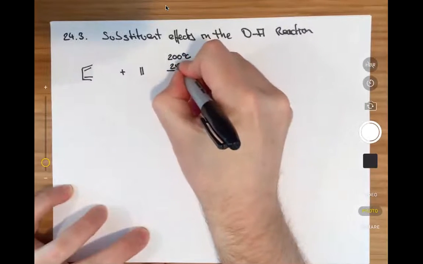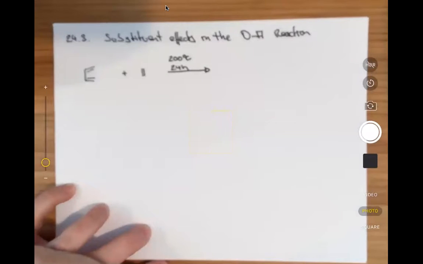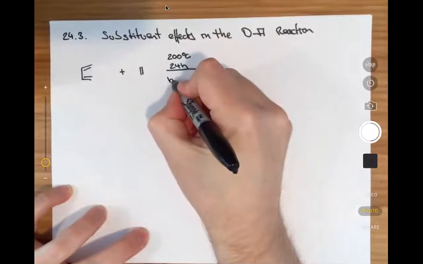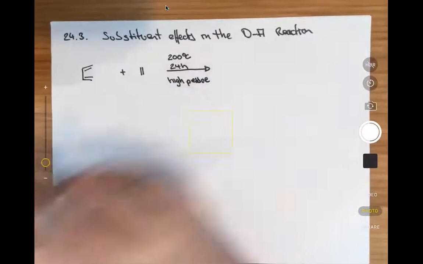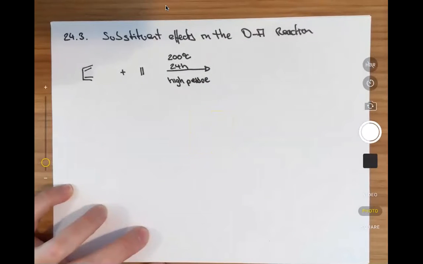So 24 hours, for example, is very common for this reaction, and you need high pressures. And the high pressure basically favors then the formation of the single molecular species from two equivalents of the building blocks.